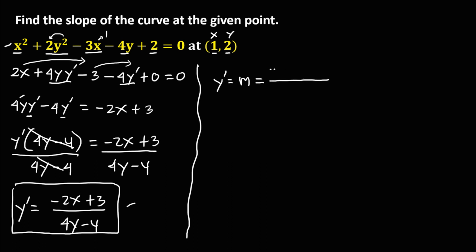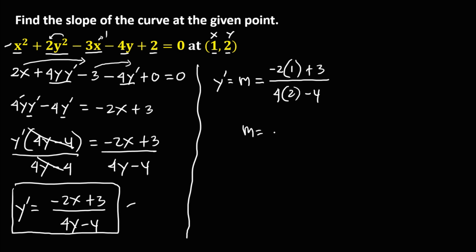So we have negative 2 times x, where x is 1, then plus 3, over 4 times y, where y is positive 2, minus 4.